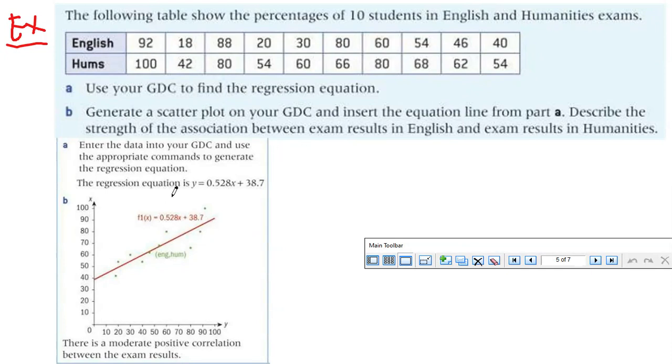So I can replace X by 64, and I can predict the number of students, the percentage of students in the humanities exam. Sometimes they will tell you for this percentage what was the number of English students. So also I can predict, I replace X and I will get Y.